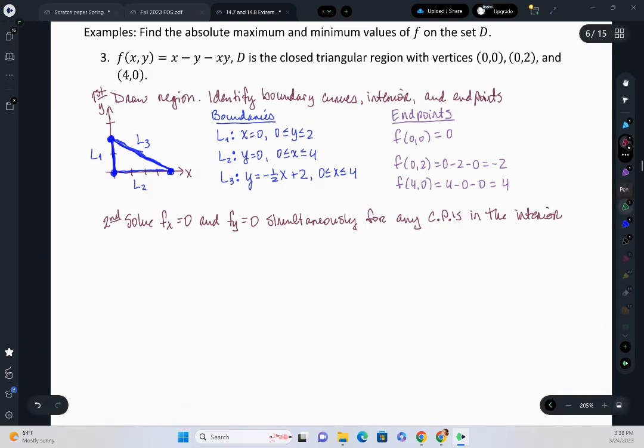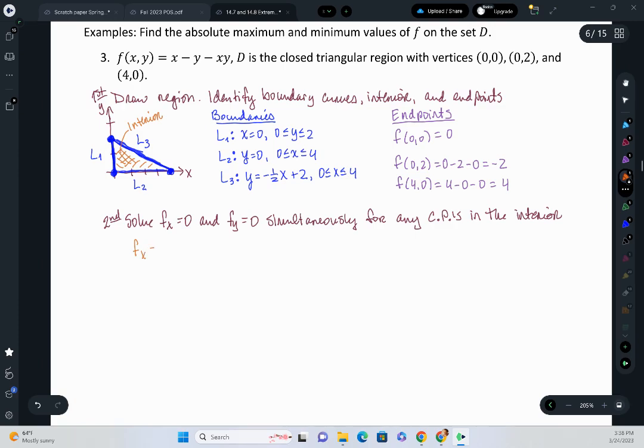Well, the interior is going to be all the stuff inside the triangle. It's any value that shows up inside the triangle, not on the triangle, not on the edges, inside. So only the orange is my interior. If I get a critical point that is not in the interior, I throw it away. So let's go ahead and find our critical points in the interior.